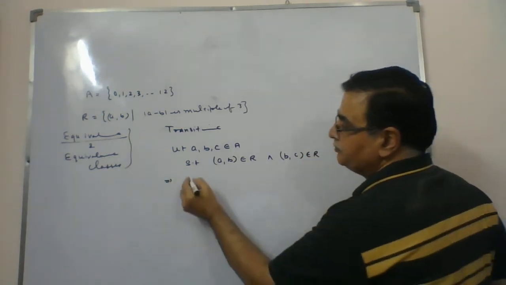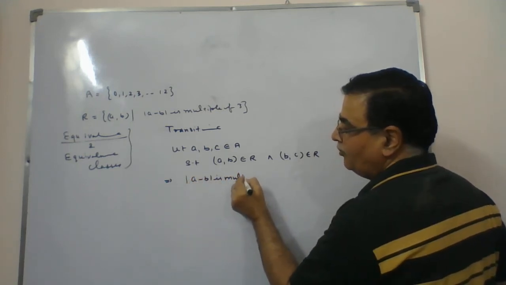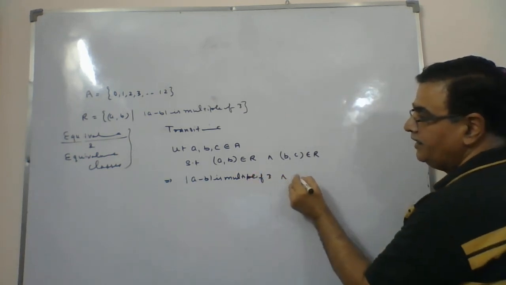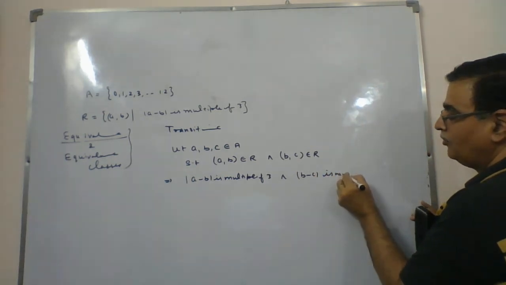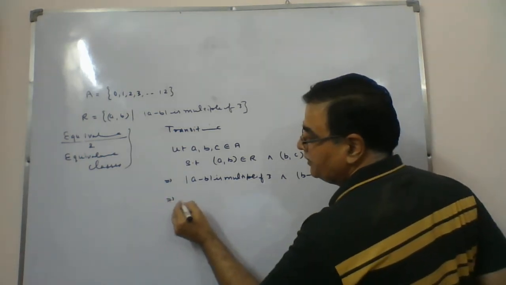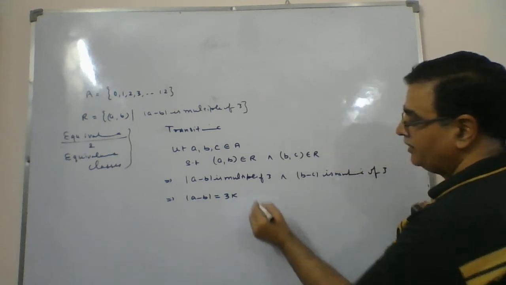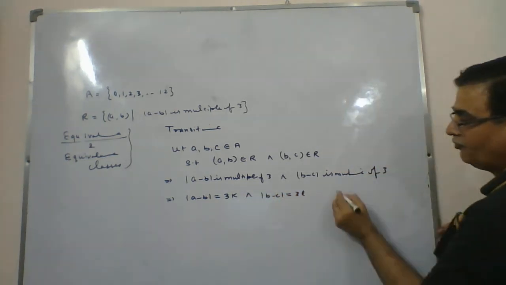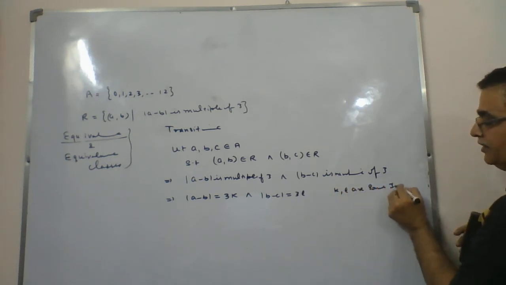It implies modulus of A minus B is a multiple of 3, and at the same time modulus of B minus C is a multiple of 3. What does it mean? Modulus of A minus B will be thrice of K, and at the same time modulus of B minus C will be 3 times L. K and L are some integers.